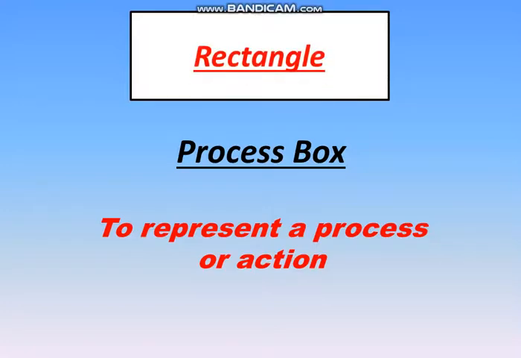Okay, wherever you feel that अभी processing होगा, then there we will draw the rectangle. When we will start, then there we will draw start and stop box. Whenever there will be process like brushing teeth, it is a process, so we will write that step in the box.